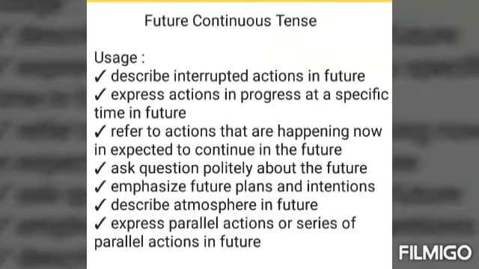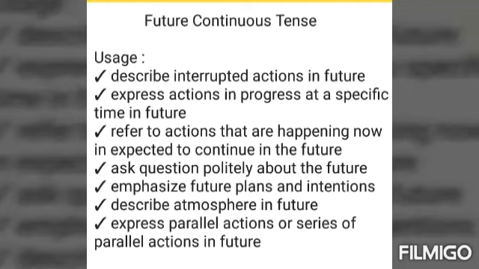Now the next comes your future continuous tense. In future continuous tense, we have the uses like: it describes interrupted action in future, expresses actions in progress at a specific time in future, refers to actions that are happening now and expected to continue in the future.